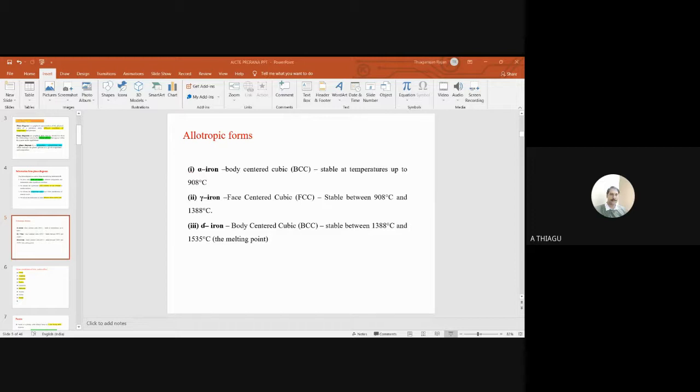Please go through the first point, because GATE 2001 questions were framed from white cast iron. White cast iron is unique in that it is the only member of the cast iron family in which carbon is present in the form of carbide. The combination of carbon as carbide is called white cast iron. That is its uniqueness.